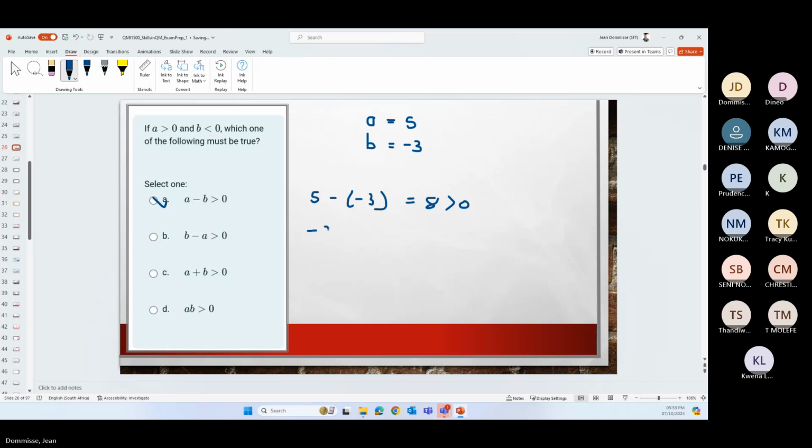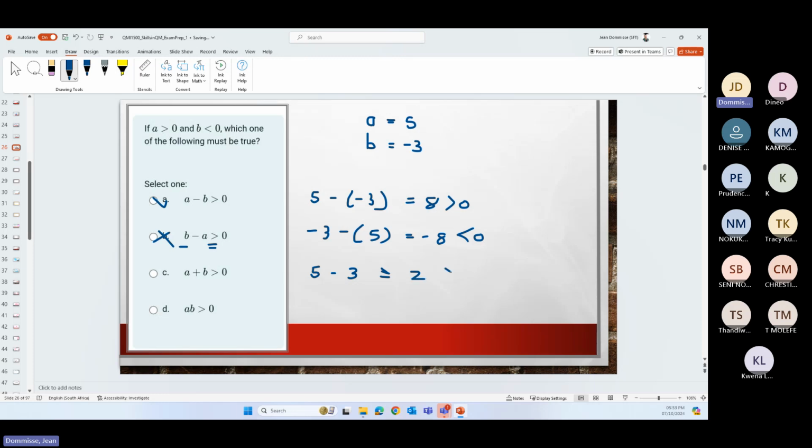-3 would be -5. That will actually be -8. So that is smaller than 0. They're telling us it's bigger than 0. So that's wrong because it needs to be smaller. 5 minus 3 is equal to 2.